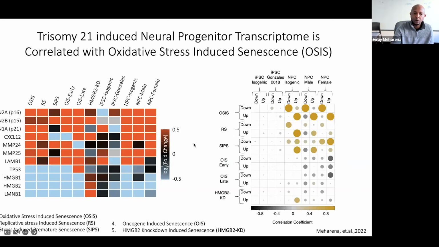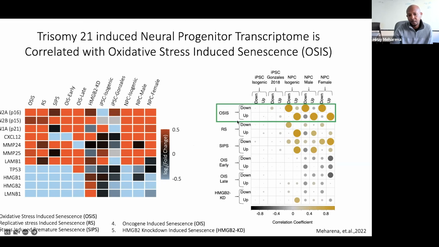So what we've done now is expand it to all of the gene expression changes that are occurring. We looked at the up and down regulated genes and how much overlap there is between the up and down regulated genes observed in induced pluripotent stem cells and also neuroprogenitor cells.